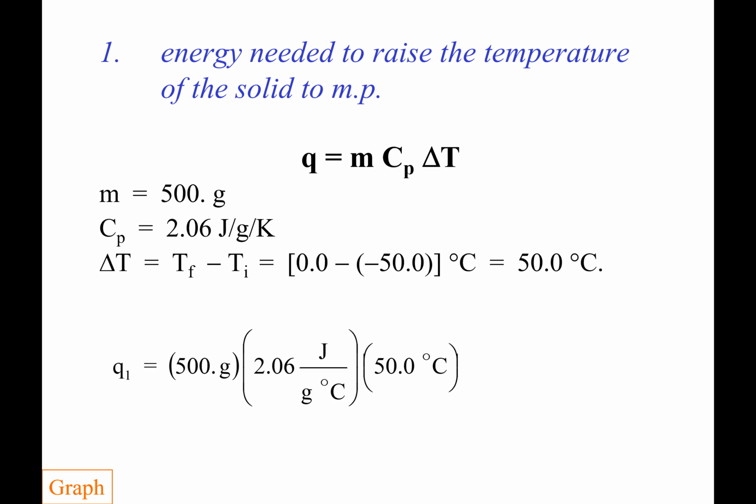Units cancel, and I think I slap on a joule to kilojoule term. So let's slap on 1 kilojoule over 1,000 joules, giving ourselves 3 sig figs. So our Q1 is 51.5 kilojoules.